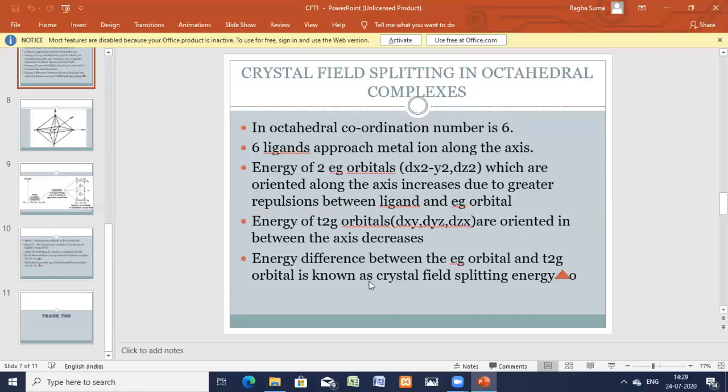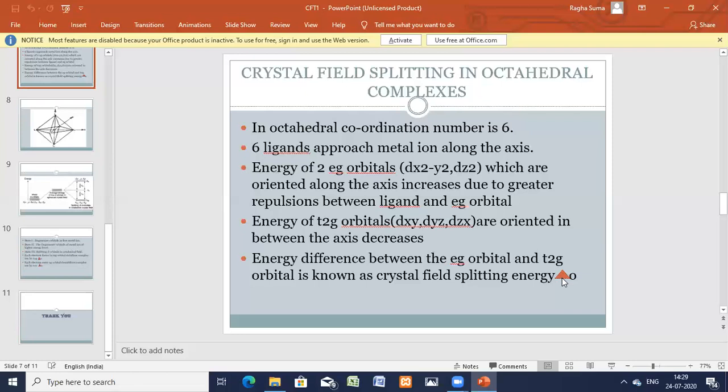That splitting is called the crystal field splitting energy, denoted by delta O for octahedral complexes. For tetrahedral, delta T, and delta S for square. So delta O is the energy difference between the eg and t2g. This is called the crystal field splitting energy.